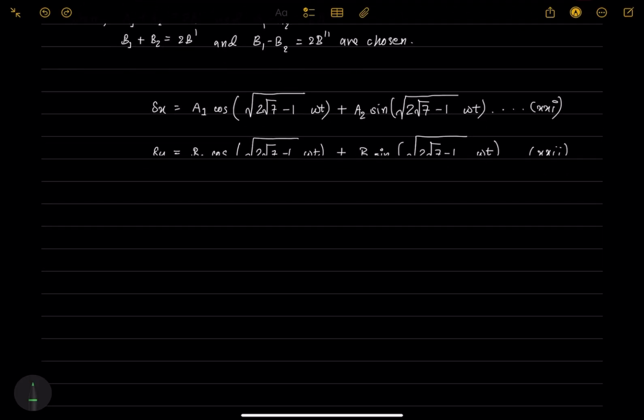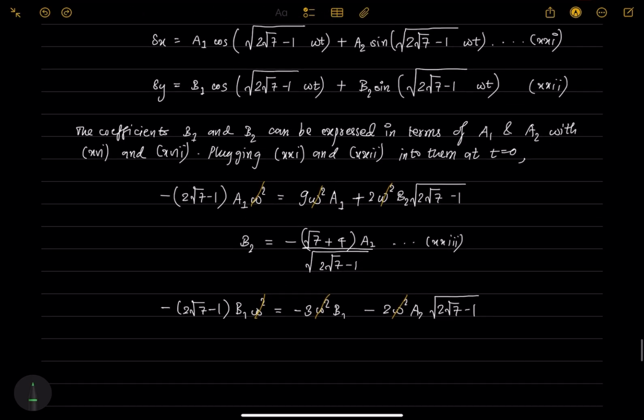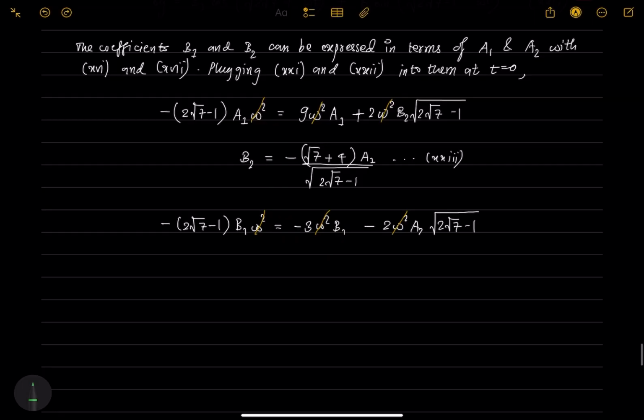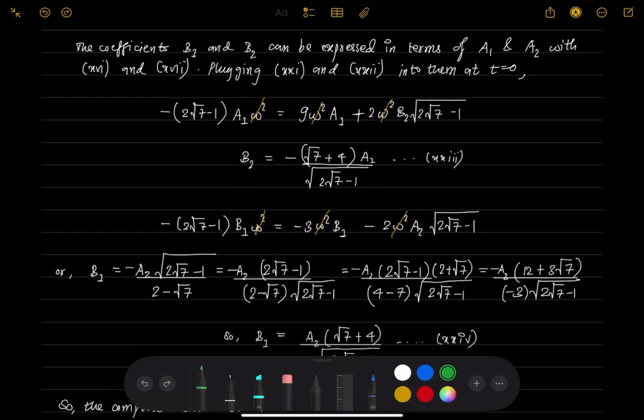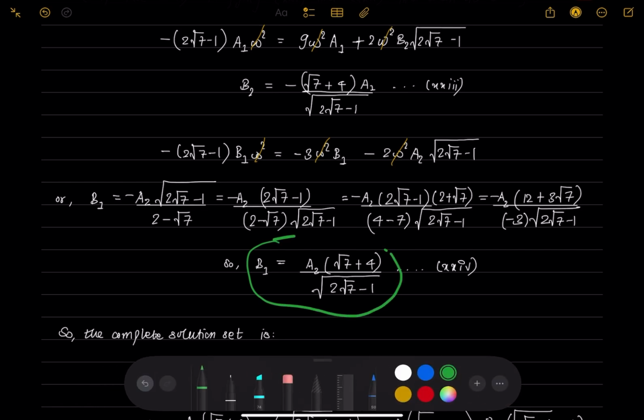We plugged equations 21 and 22 into the differential equations annotated above and obtain a relationship between b2 and a1, and also between b1 and a2, right? So let's just write everything in terms of a1 and a2.